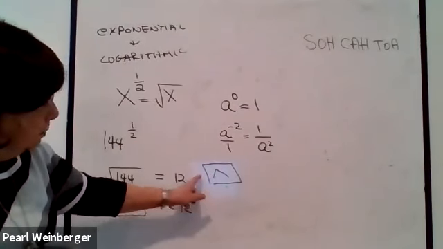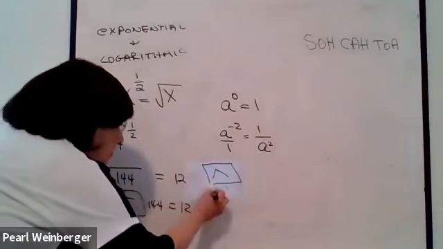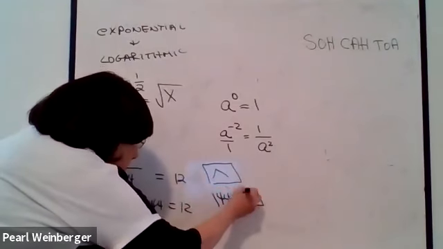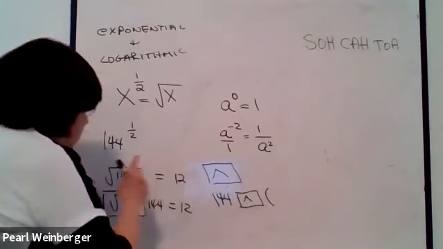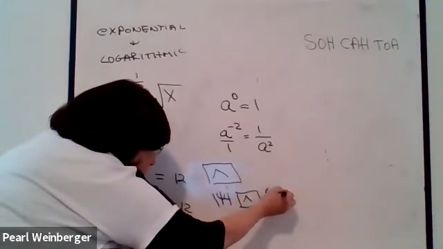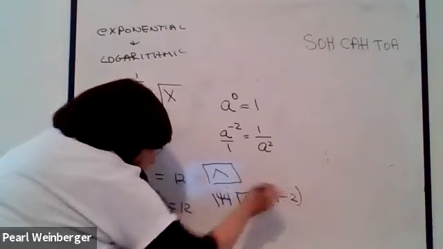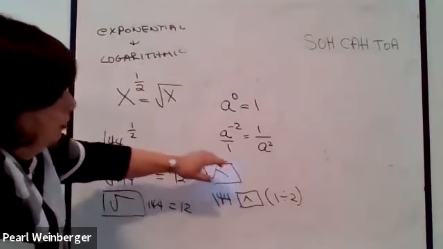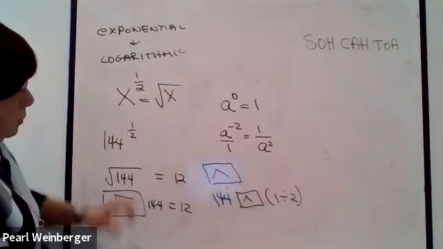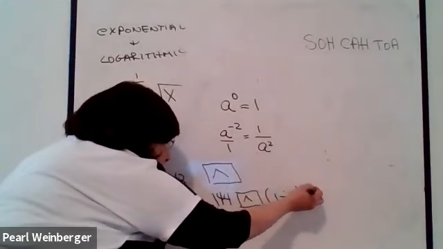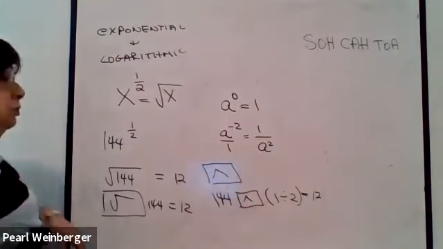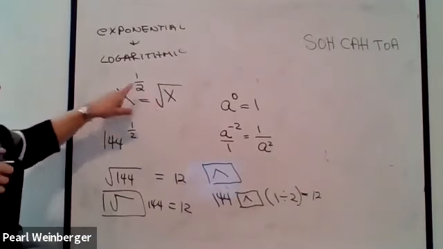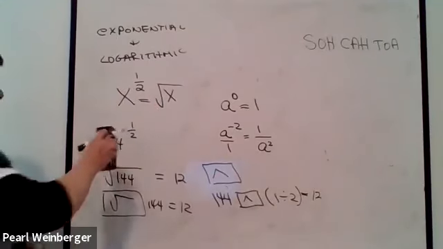If you do 144, then press your exponent button, then put in parentheses 1 divided by 2, you're telling your calculator that your exponent is 1/2. If you press it, of course, you will get 12. So you can use alternatively the square radical button or the fractional exponent button.